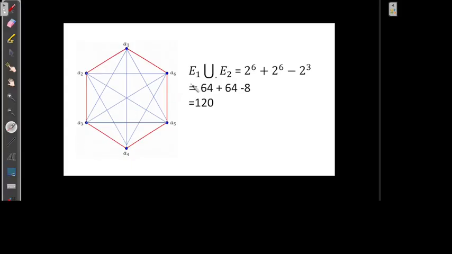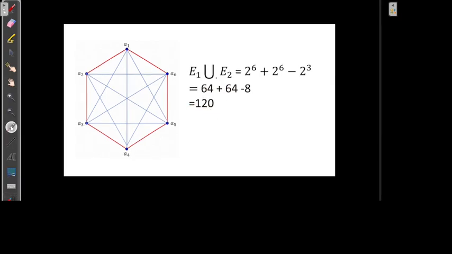If we take the union of these two events, E1 and E2, meaning selecting the triangle A1, A3, A5 or A2, A4, A6, then it becomes 2 power 6 plus 2 power 6 minus 2 cube. This is from De Morgan's law. Then we get 64 plus 64 minus 8, 128 minus 8, which is 120.